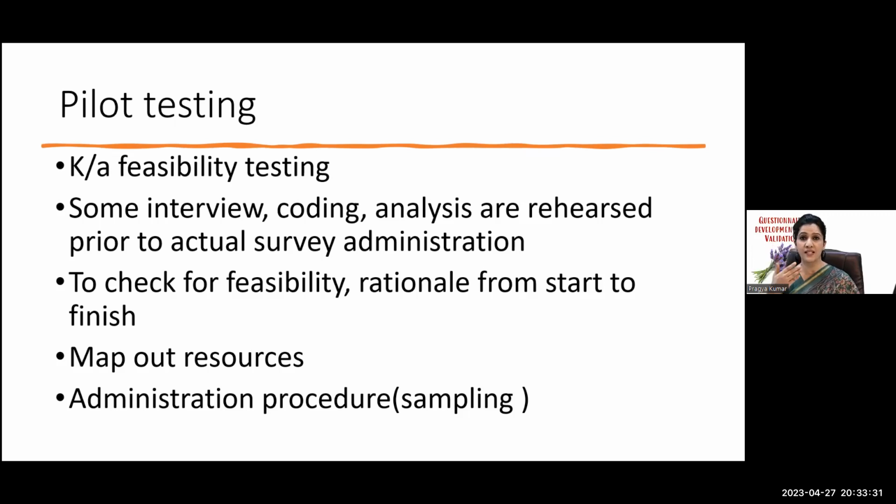That suggests any modification which is required, and then you roll out the actual study. So pre-testing makes the methodology and results strong, and pilot testing checks whether it is possible. That is why the pilot is called a feasibility study: you see whether it is possible in your situation or context.